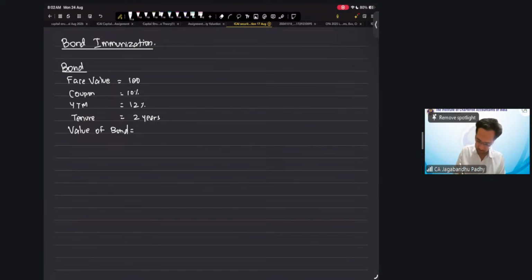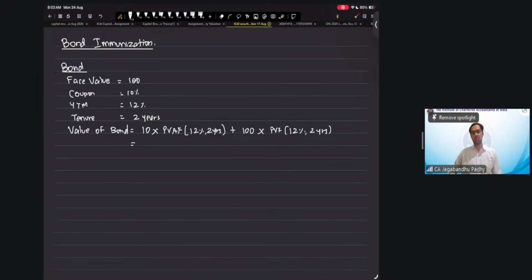You can simply say it is 10 multiplied by present value annuity factor at 12% for 2 years, plus 100, which is the face value, into present value factor at 12% for 2 years. So give me the value of this one. That's 96.62.